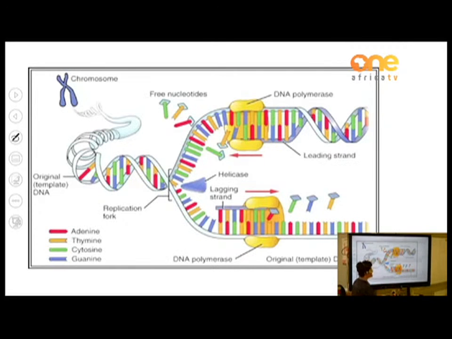What will happen? The DNA will unwind, unzip. Helicase will be the enzyme for unzipping. Remember, there's a mistake in the textbook. So unzipping. Then the loose nucleotides. Nucleotides?